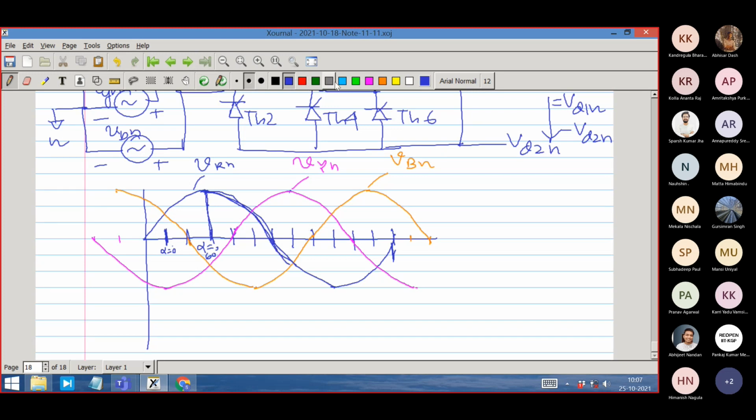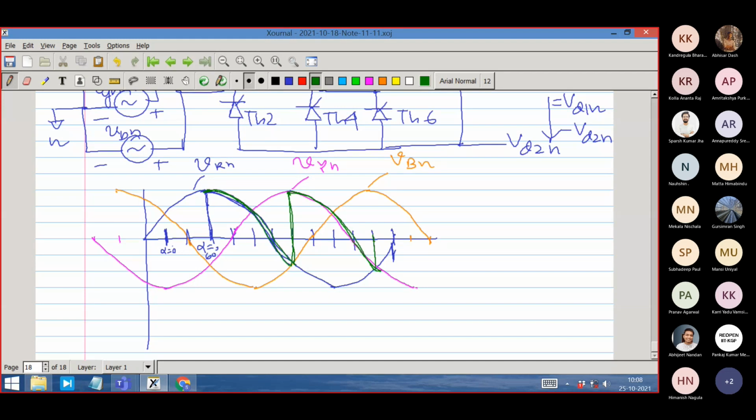Then second will be this thing conducting. So let me draw it in a green color. So this is the output voltage, one part of it. The first part means VD1N. So this is then YN has come. So 120 degree will end here. So this will end here. The green color waveform will end here.